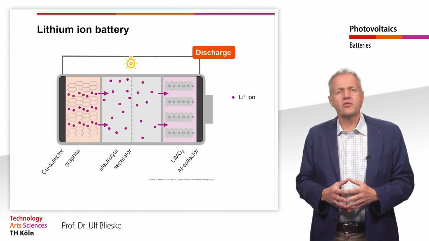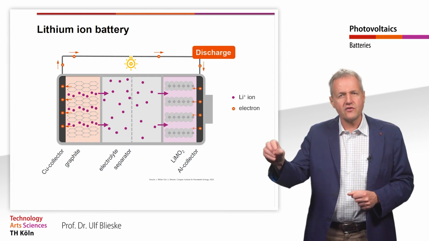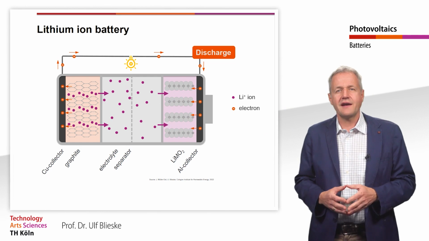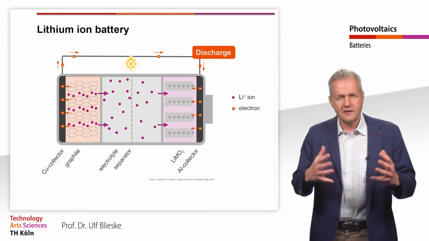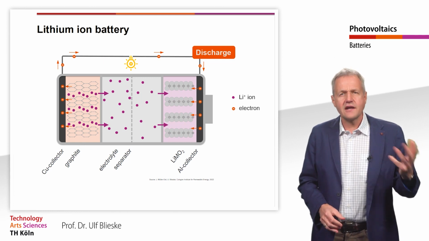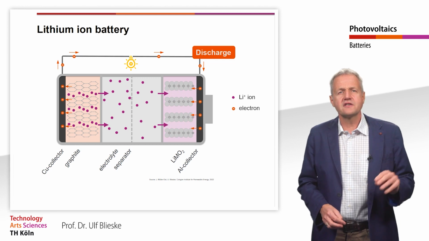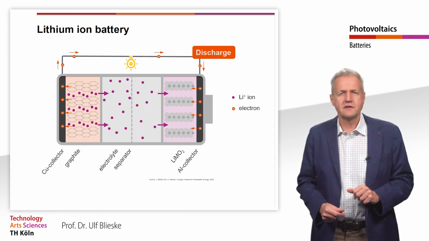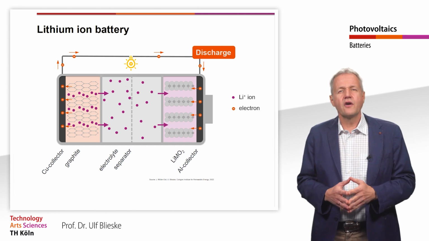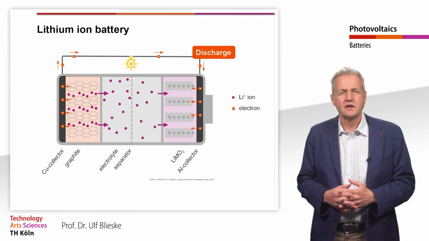The oxidation process that takes place simultaneously releases electrons which flow to the positive cathode via an external electrical connection. There, a reduction process takes place, electrons are absorbed and the lithium ions are deposited in the cathode material. The external current flow allows electrical loads to be operated.